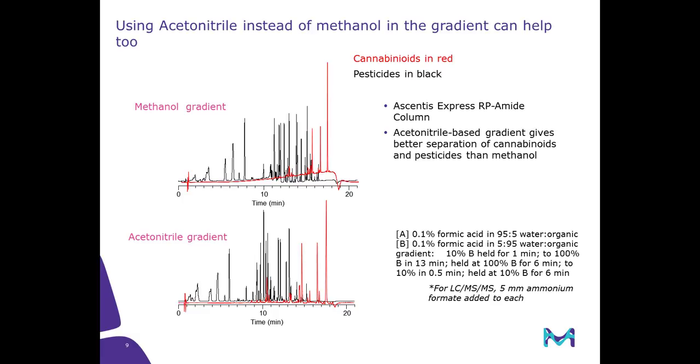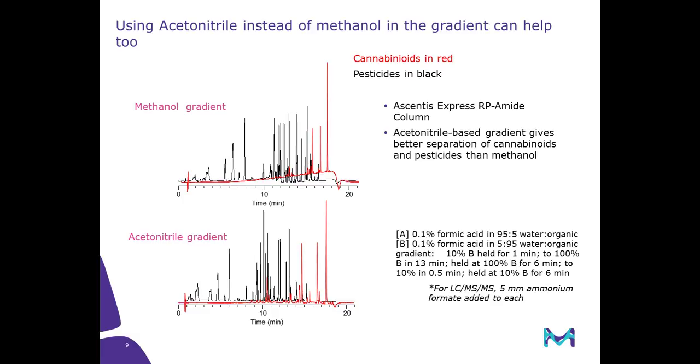Now, in addition to column choice, the gradient that is used can also help. In this experiment, we compared using acetonitrile in our gradient to methanol to see if we could get the cannabinoids and the pesticides to elute even further apart. So the top chromatogram, we're using a methanol gradient, and the black is the pesticides and the red is the cannabinoids. Now on the bottom, we're using an acetonitrile gradient. The black is the pesticides, the red is the cannabinoids.